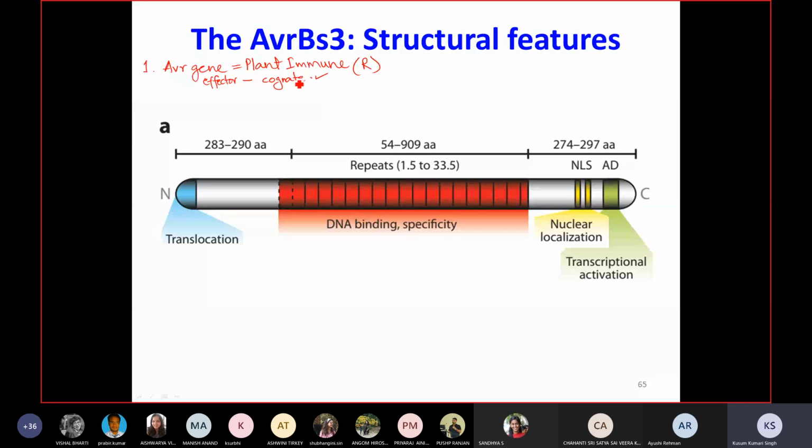Then in the same lecture, we also saw how subsequently these AVR genes were isolated and sequenced.